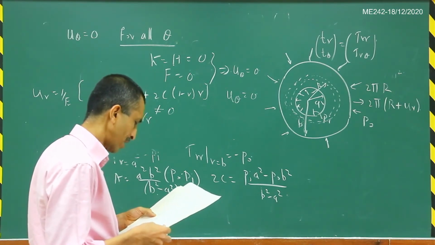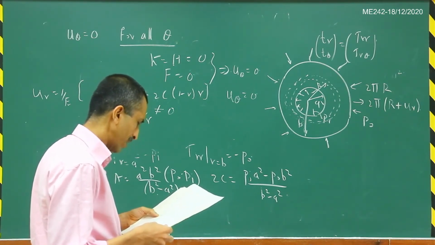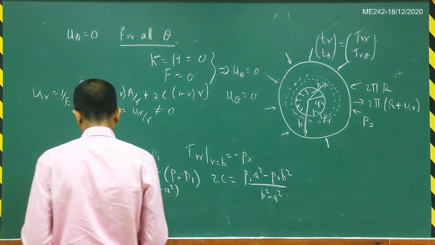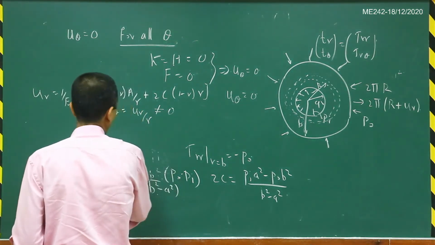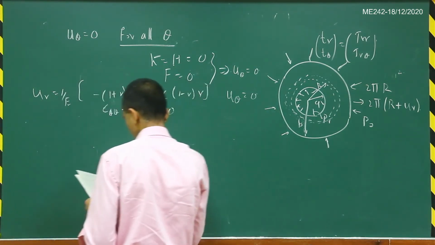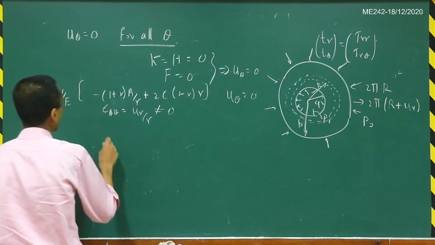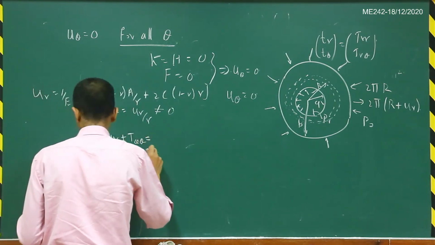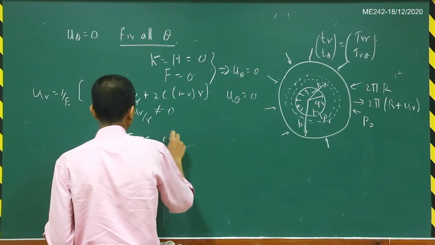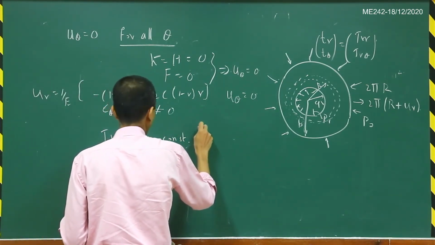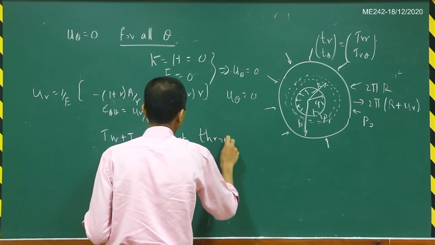Fine. Now let us look at some special cases of this particular solution. One nice thing you can see from this solution is that tau r plus tau theta theta is equal to a constant throughout the thickness of the cylinder.